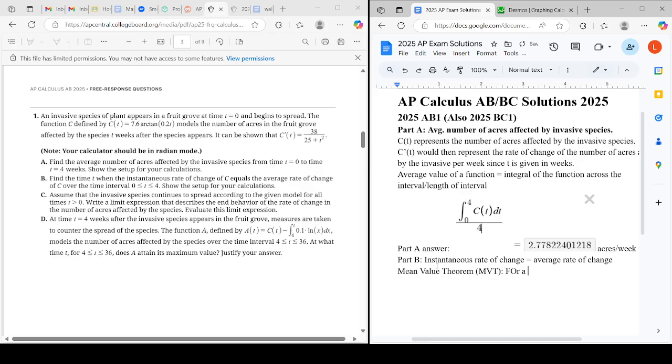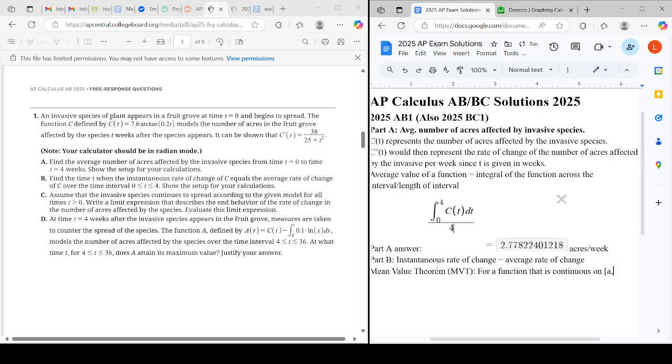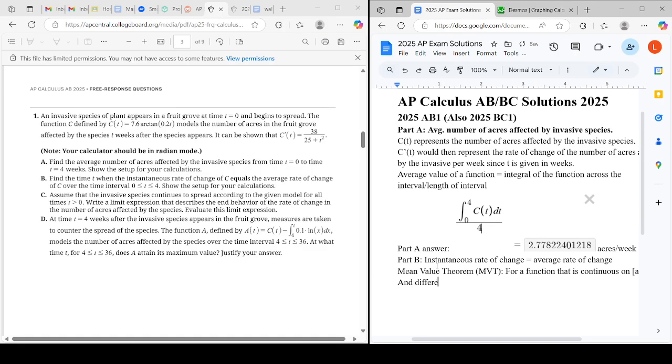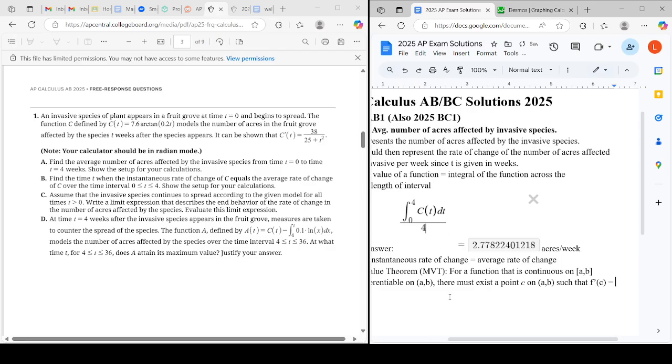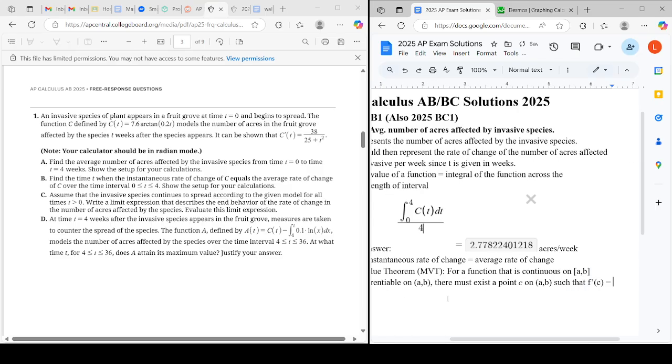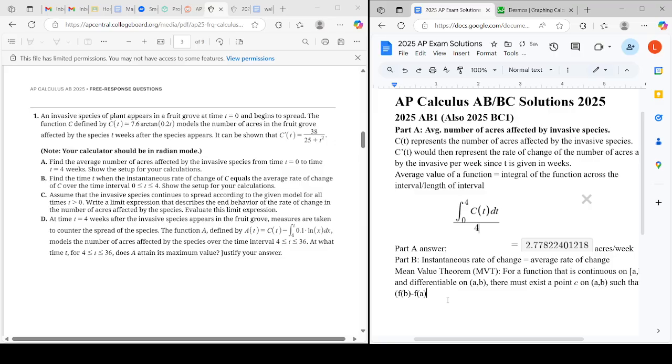For a function that is continuous on the closed interval a, b, and differentiable on the open interval a, b, there must exist a point c on the open interval a, b such that f prime of c equals f of b minus f of a over b minus a. So that's the average rate of change.